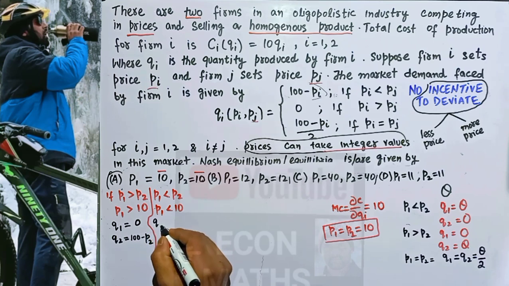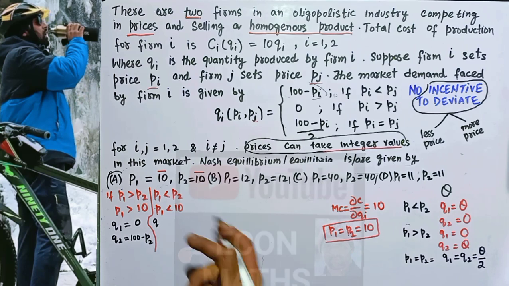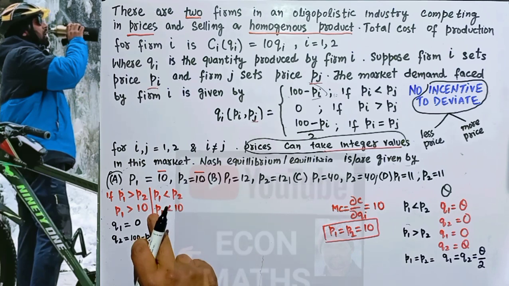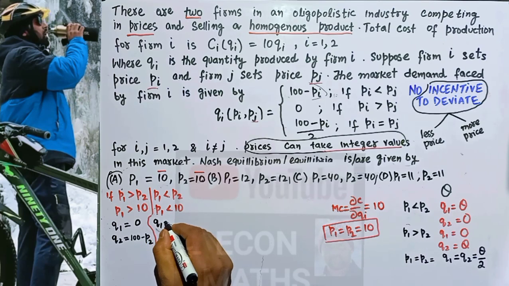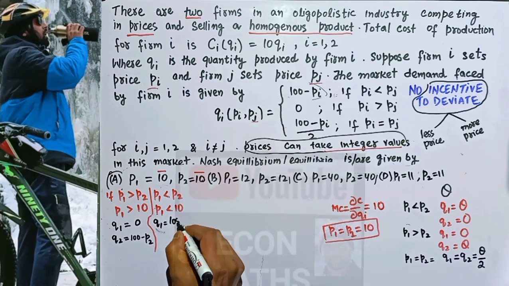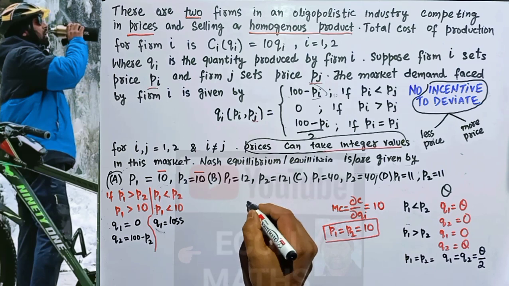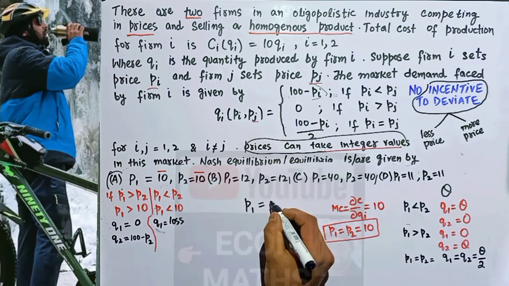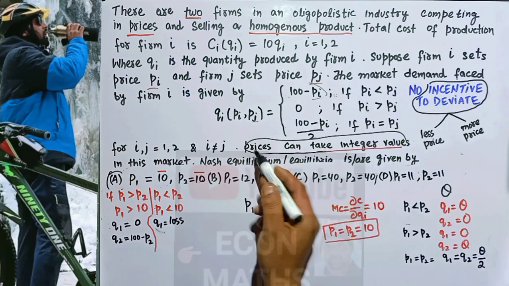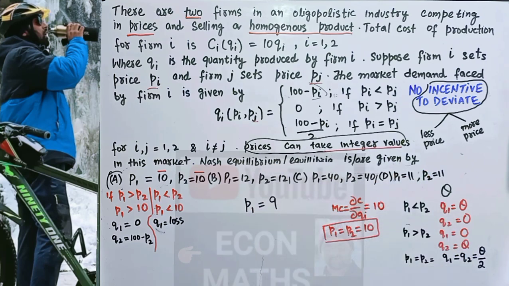Firm 1 will get all the market, but he will be making a loss because if the price is less than 10, say firm 1 is charging a price of $9, because prices can take only integer values here, and marginal cost for firm 1 is $10.